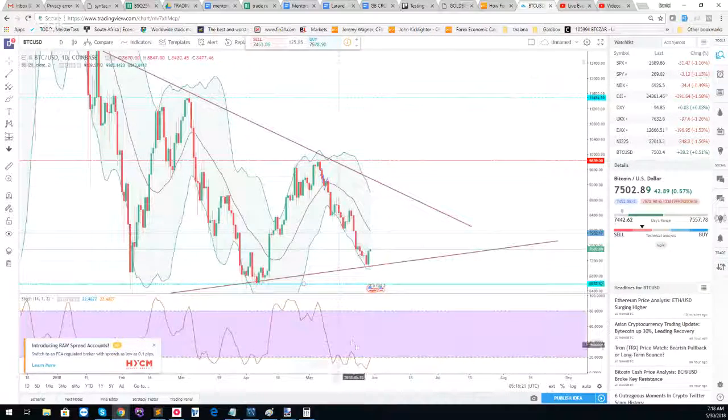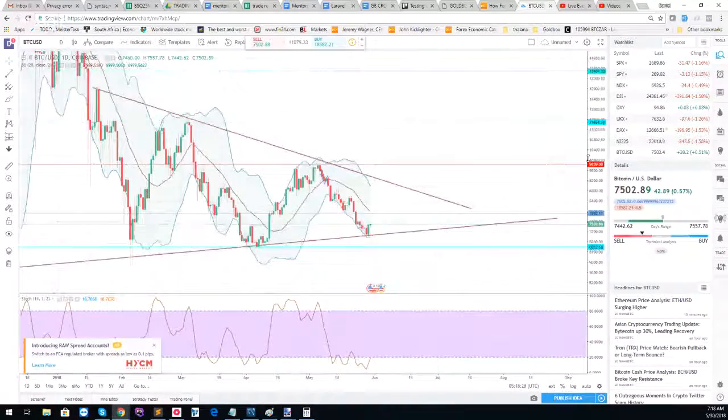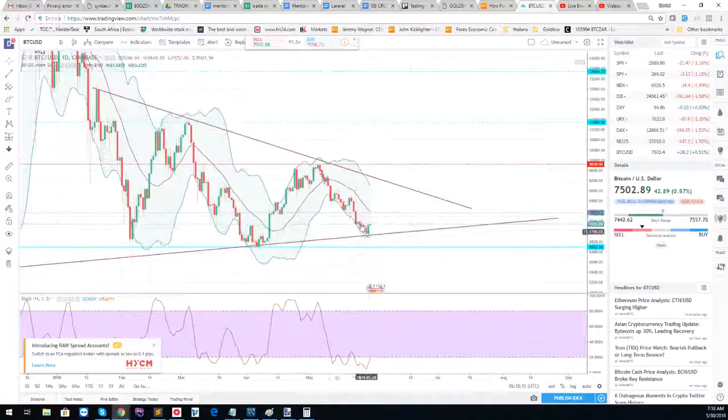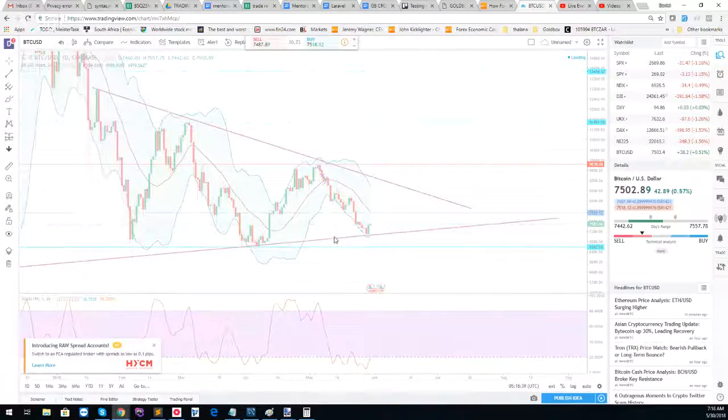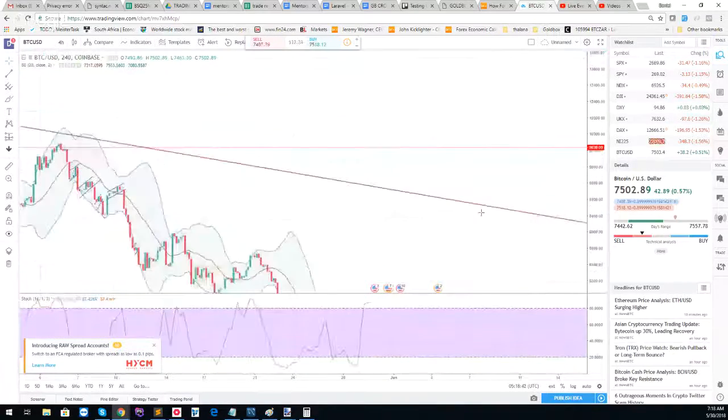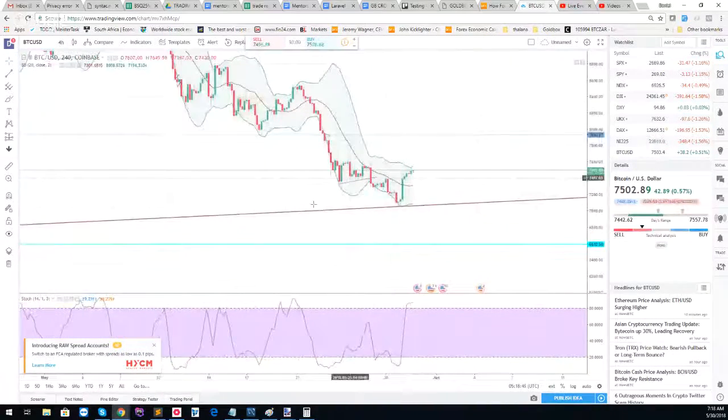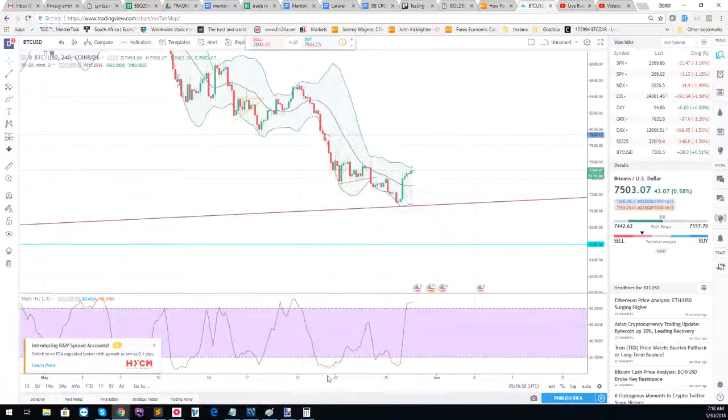So yeah, we don't have stochastic divergence. So we need stochastic divergence to be in conjunction with a Bollinger to really be a strong signal. But we do have Bollinger. We do have a candle formation. Let's have a look at our 4-hour. No divergence. Well, we do actually have divergence. We have divergence between that swing there and that swing there.